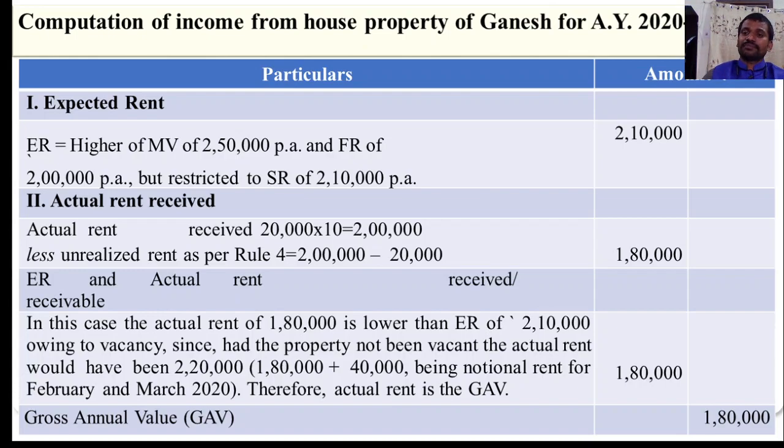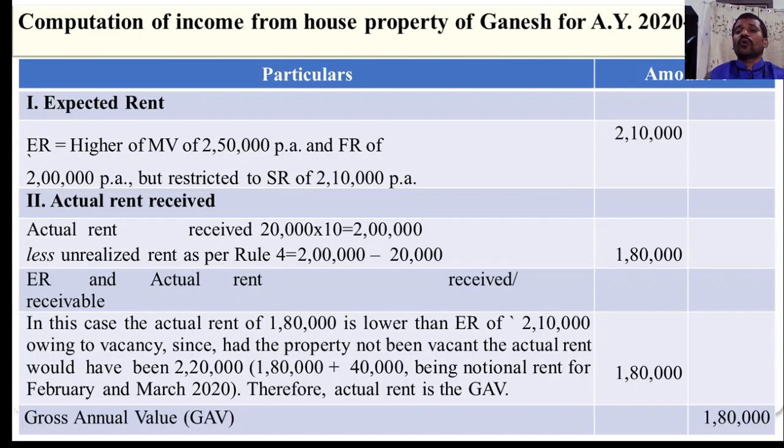expected rent. Then next, actual rent. Actual rent received: rent for a month is 20,000 and the house is vacant for 2 months. So we have to calculate the actual rent for 10 months only. 20,000 into 10 equals 2 lakh.